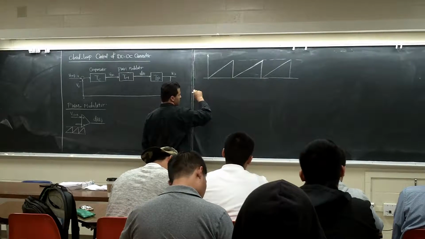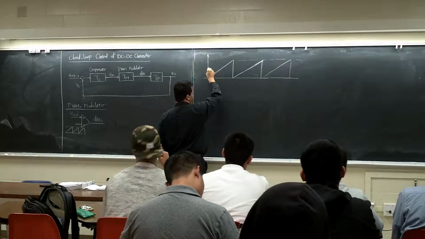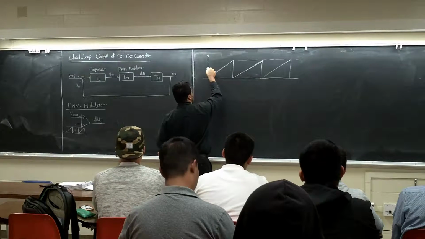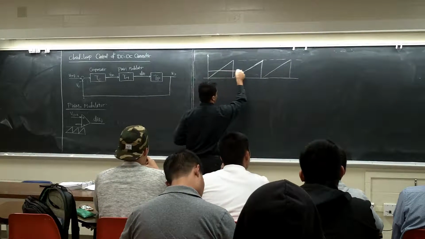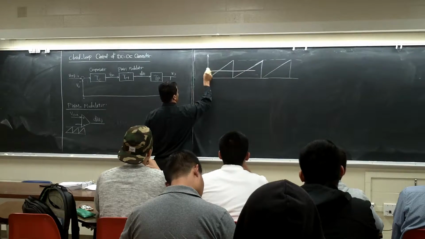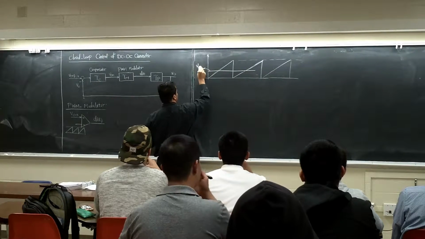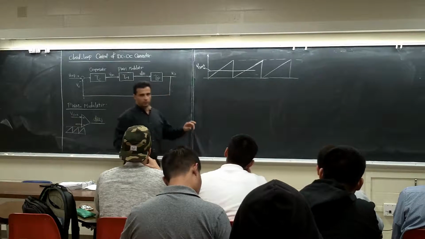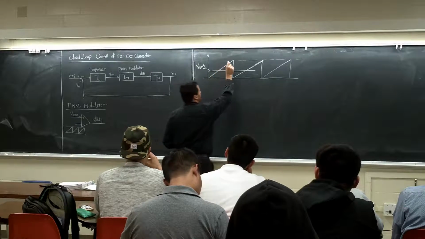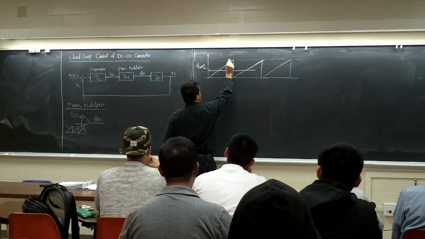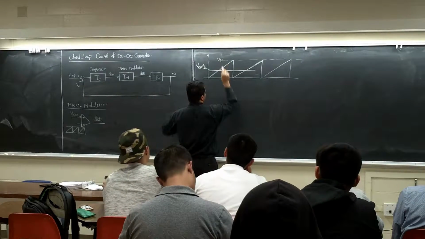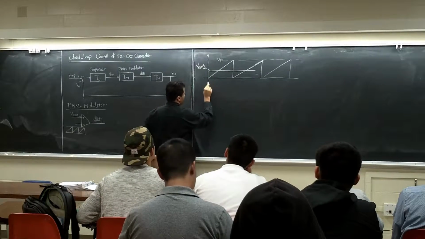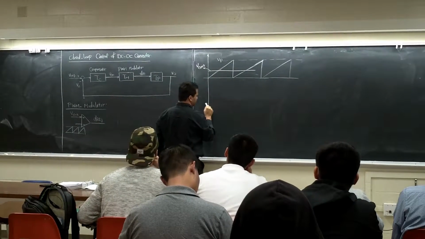So let's say we had a V control. For now, I'm going to just do this part. This is a V control, right? This is a V control, and let's say the peak value of this one is the VP, right? Let's say the peak value is VP. First of all, let's see how the DT is going to look like.